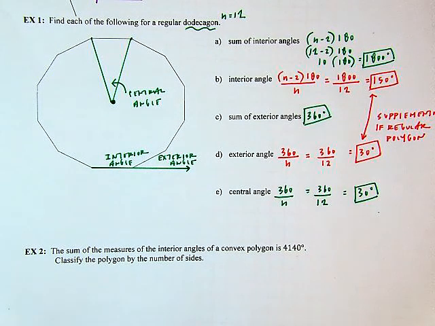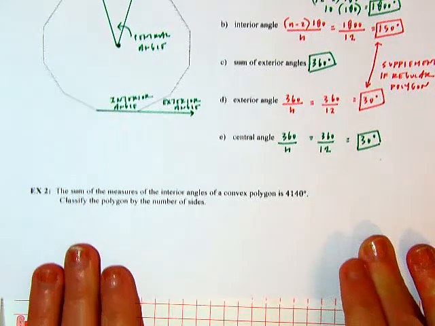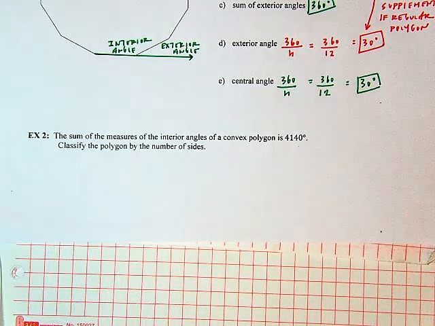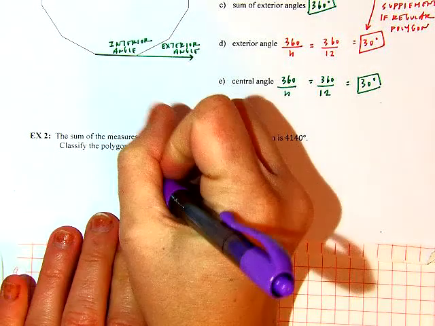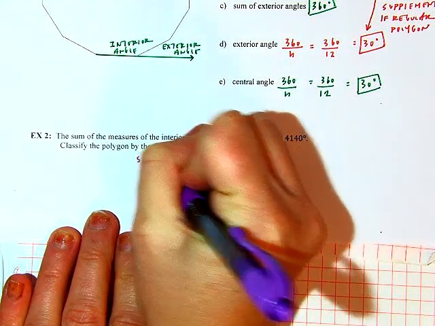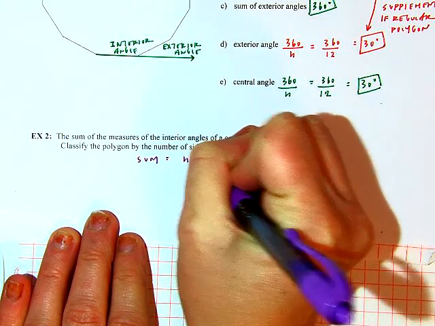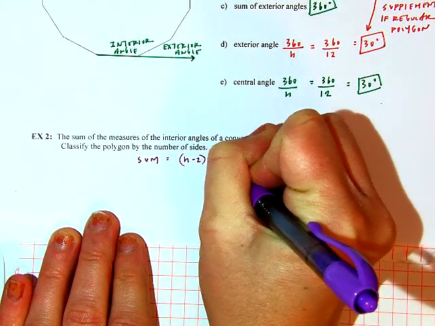All right, next up. The sum of the measures of the interior angles of a convex polygon is 4,140. Classify the polygon by the number of sides. So we should note that the sum of the interior angles is n minus 2 times 180.